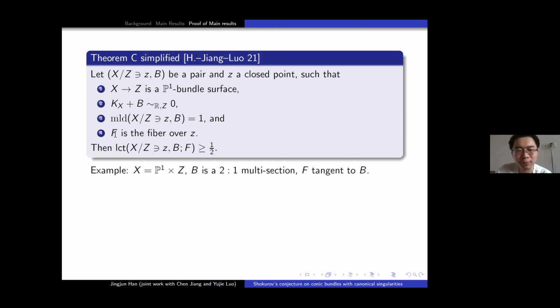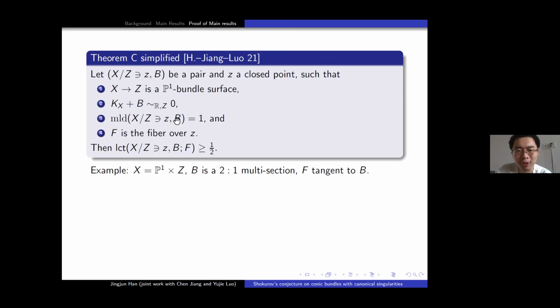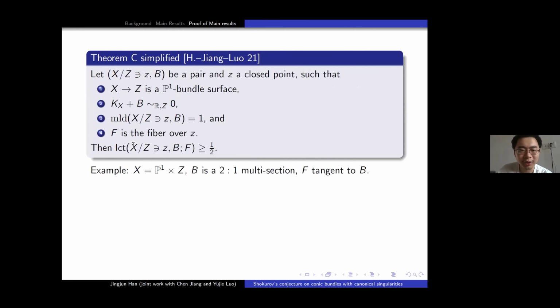So I let C be F, and since by the assumption the MLD of the pair is equal to 1, I know that B does not contain the component of F. Because if B contains the component of F, then I just take the prime divisor E to be F. Then the MLD is less than 1, because B has some coefficient, B contains the component of F. So this means that B could not contain F. So it translates to this assumption that C does not belong to the support of B, and so in this assumption we may reduce to the case that F is smooth.